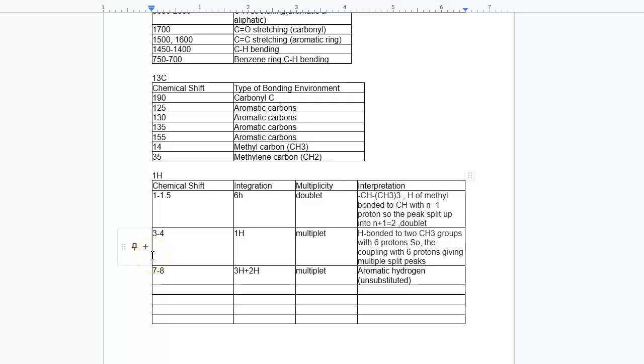Now we're going to the 1H NMR spectrum. We start with a signal of 1 to 1.5 ppm integrating for 6 hydrogens and appearing as a doublet, suggesting that there's 2 equivalent methyl groups, each next to a CH that only has 1 proton.